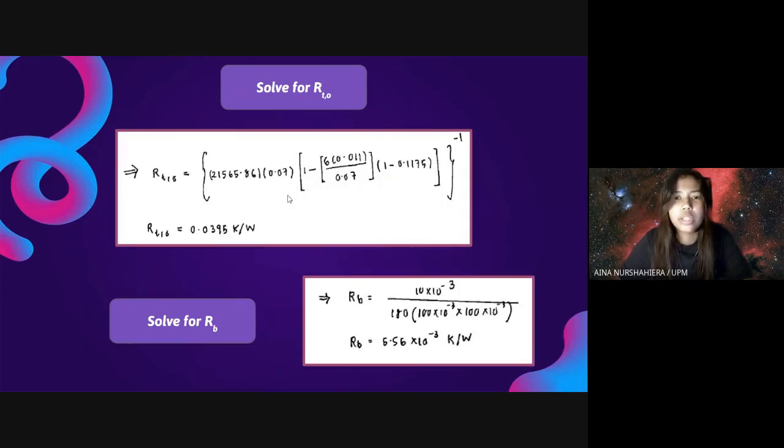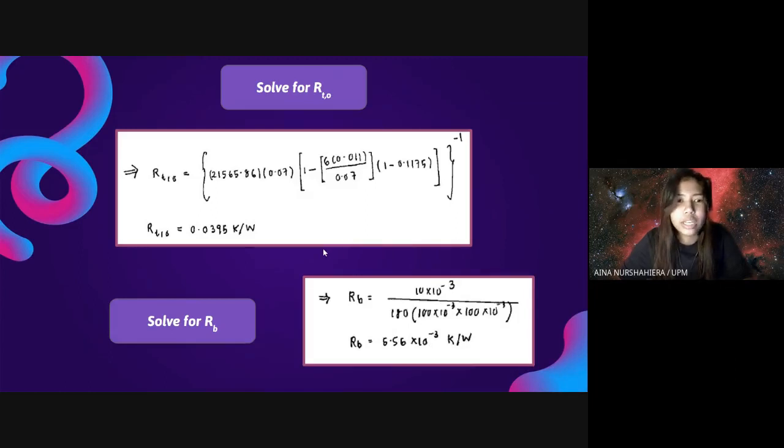Now that we have known all the unknowns, we can already calculate for R_to, by substituting the values into the formula, and we get 0.0395 kelvin per watt for the R_to, and then the R_b is 5.56 kilowatt.